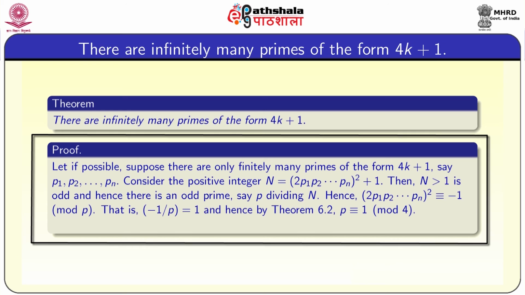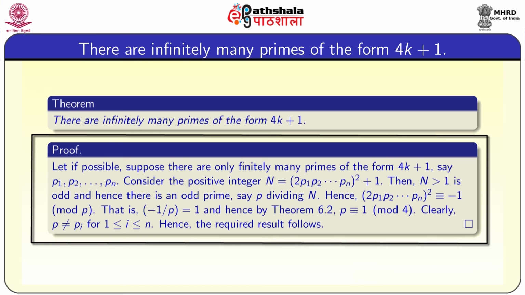That is, -1 is a quadratic residue modulo p. By the previous result, -1 is a quadratic residue if and only if p is of the form 4k + 1. So p is congruent to 1 mod 4.